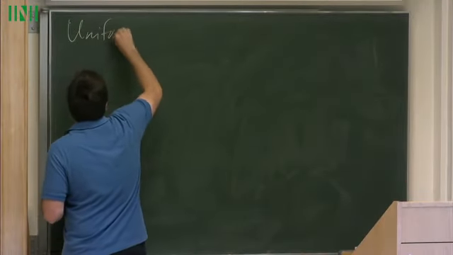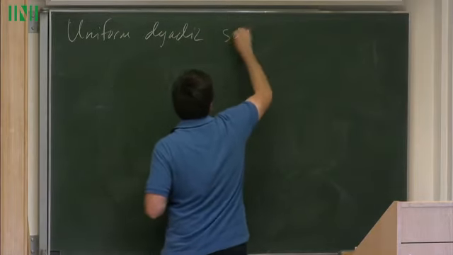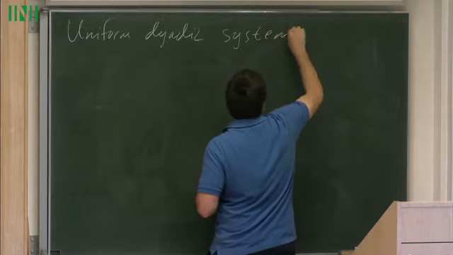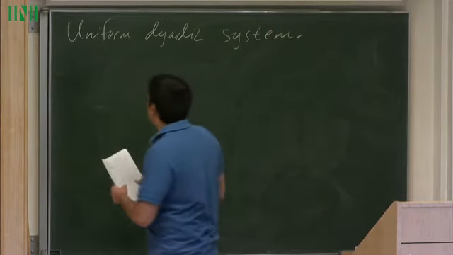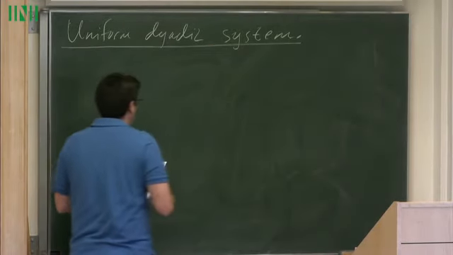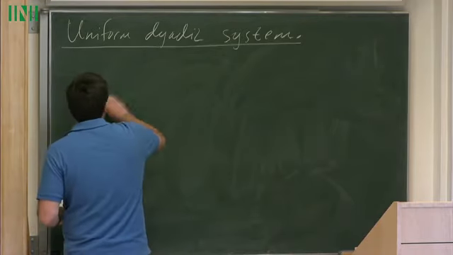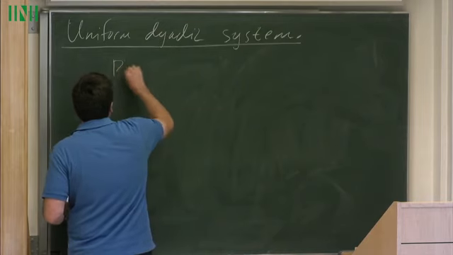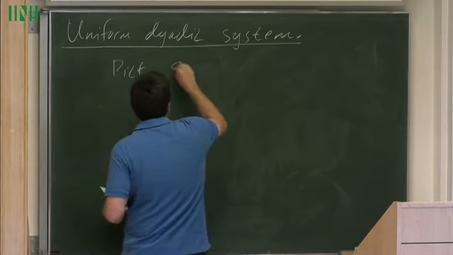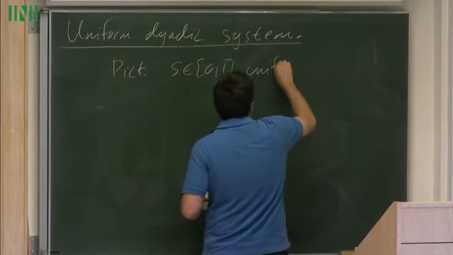So for the uniform dyadic system, what you're going to do is include inside, you first have to choose a given square. Okay, so you're going to pick a scale. So let's say you pick some scale S, which is between 0 and 1, uniformly at random.